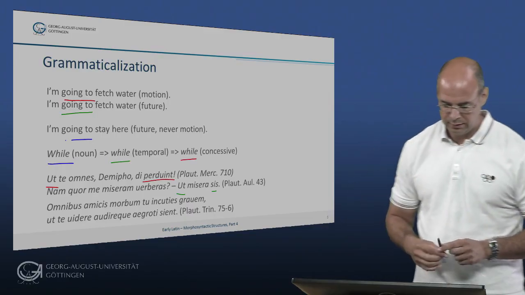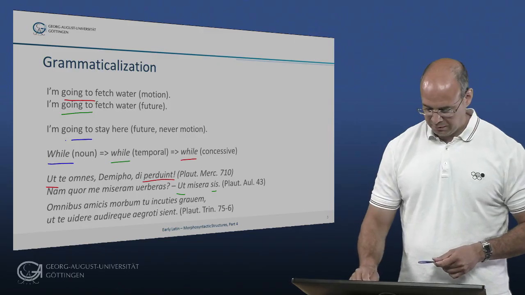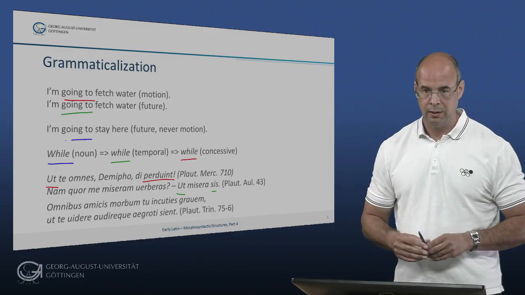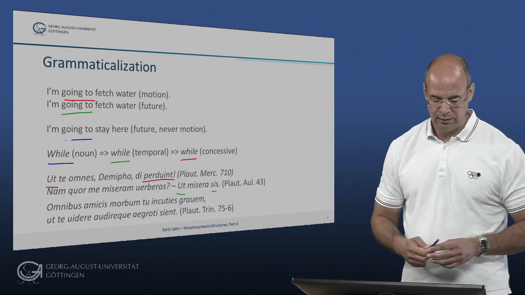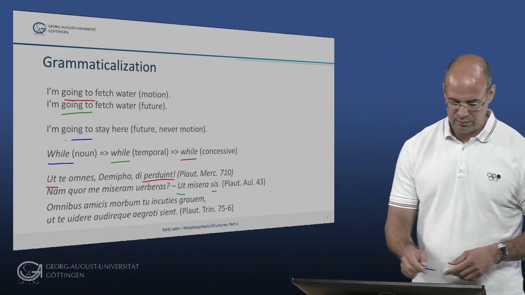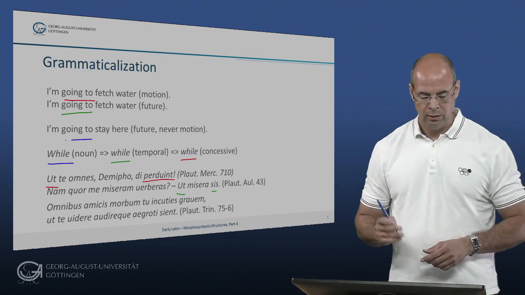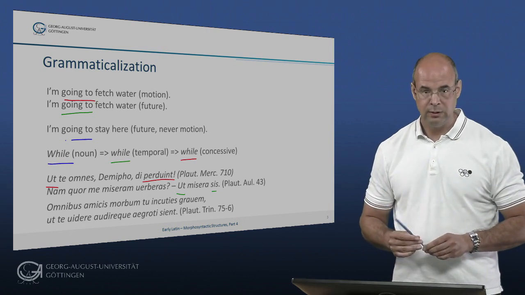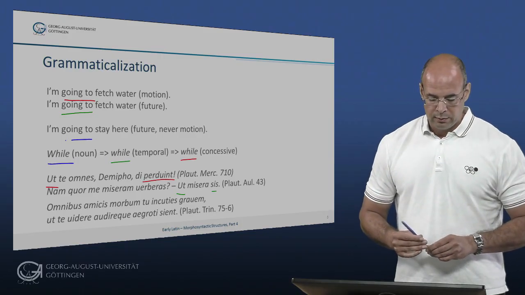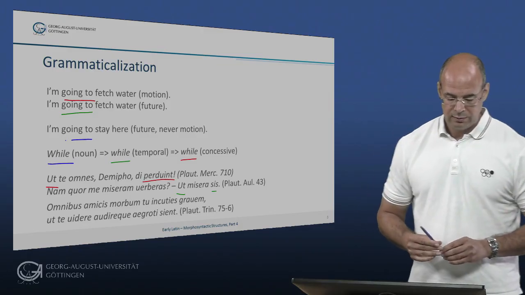And then finally, we can have again a subjunctive, but without any kind of deontic or epistemic meaning. It's completely grammaticalized. It's a factual statement. So we have a main clause, omnibus amicis morbum tu incuties gravem. You are causing grave concern to all your friends.